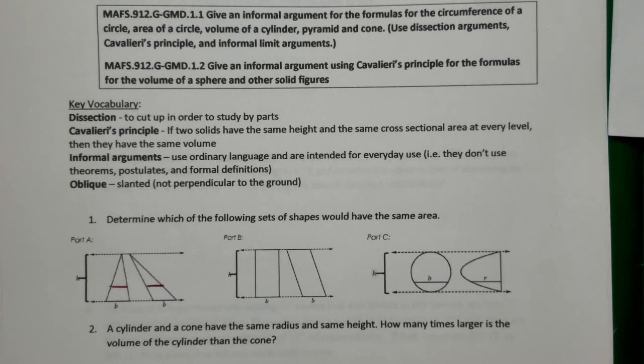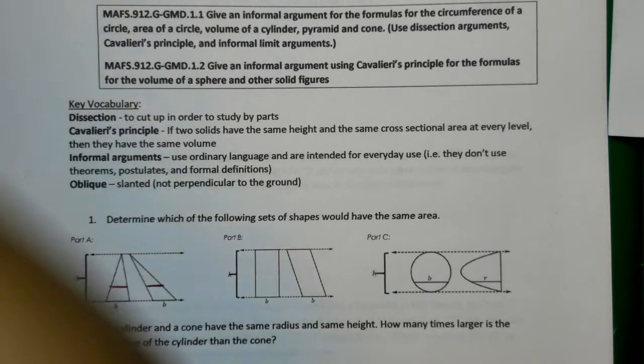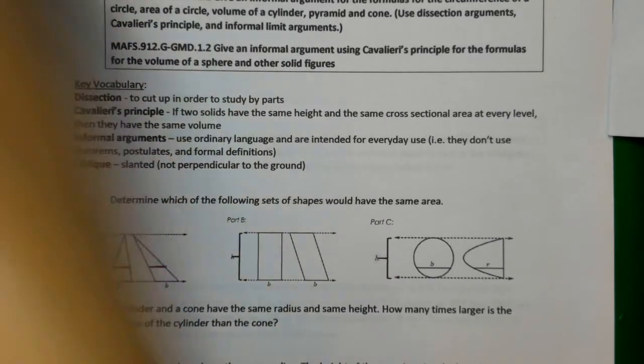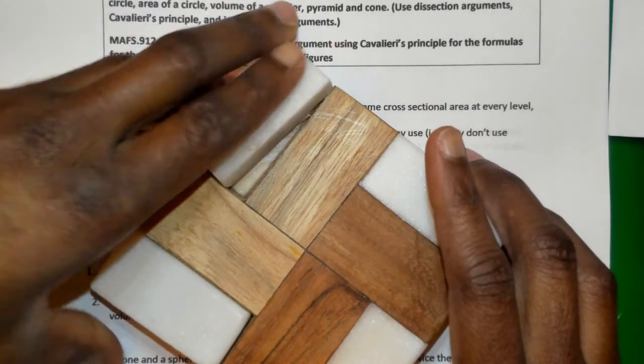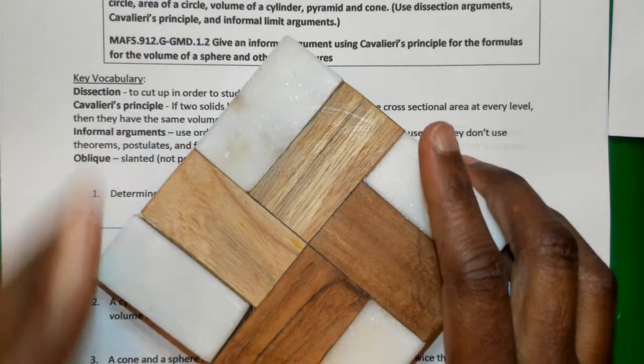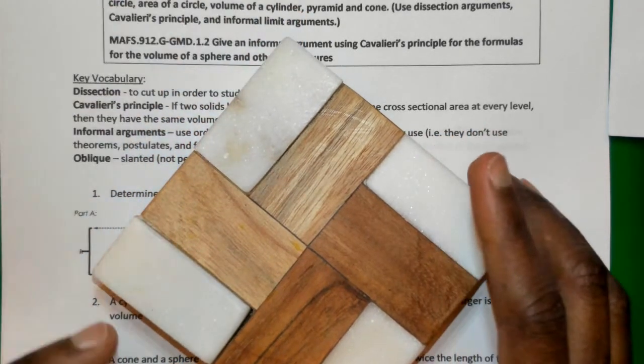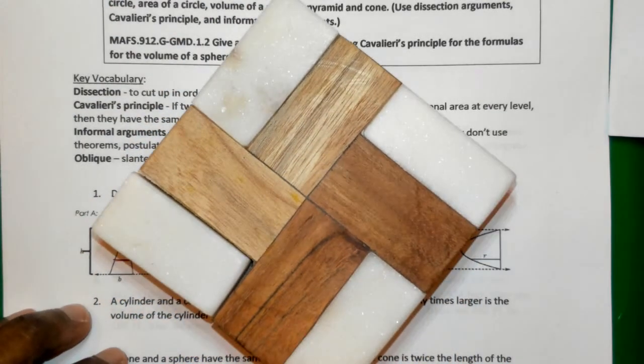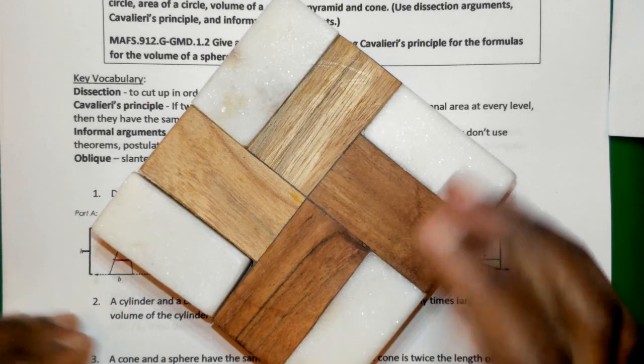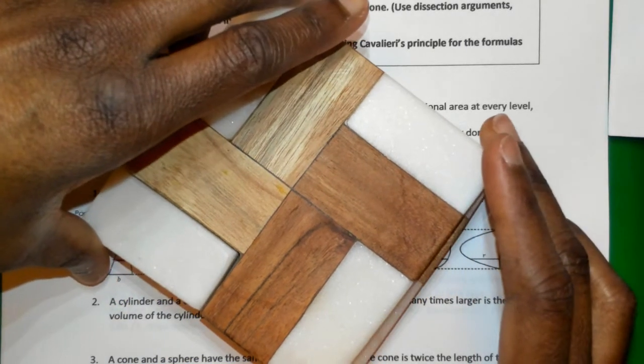If two solids, let's say in a rectangular prism format, so I have two blocks here, they're coming apart, but the volume of these two blocks, these two coasters, is the same even if I shift this over a little bit.